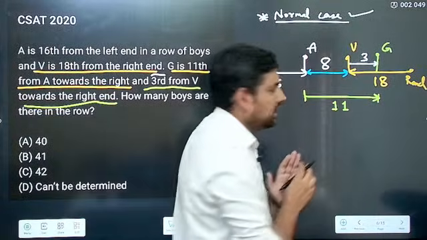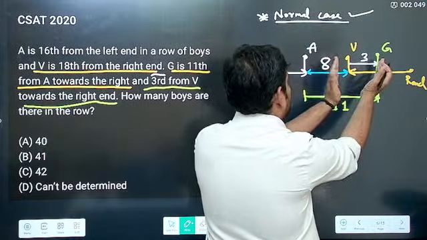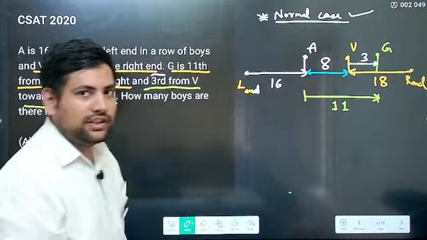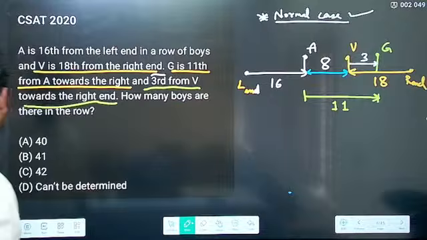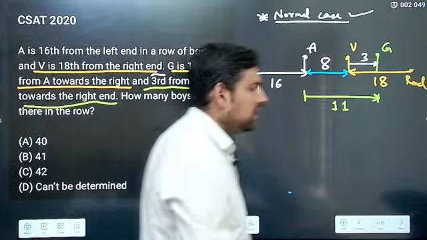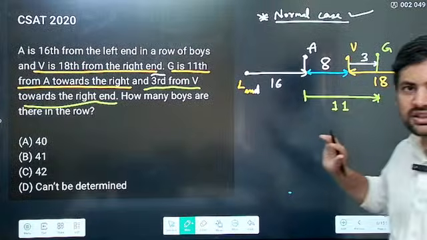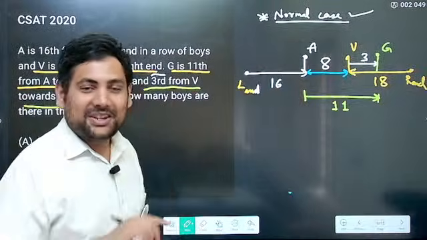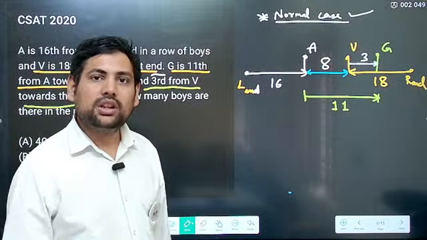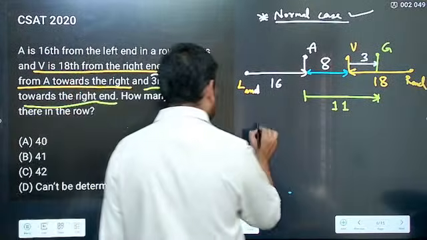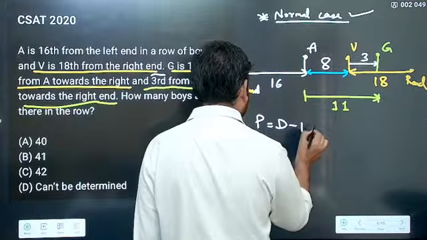What remains? 8. 11 minus 3 gets you 8. Now you have the whole distance. It is asking how many people are there in the row. So you have to calculate from left end to right end the total distance, and that won't be the answer. Distance minus 1 will give you the total number of persons. So persons is equal to distance minus 1.